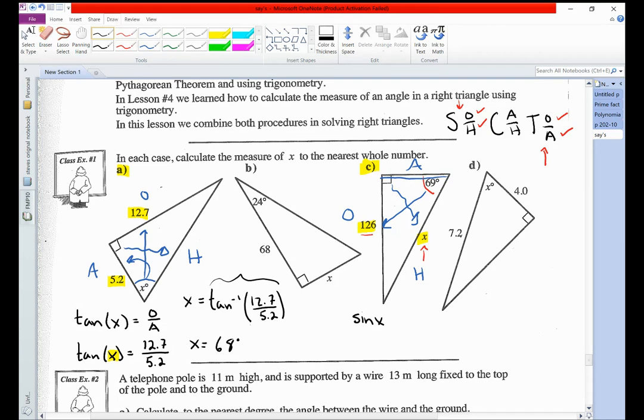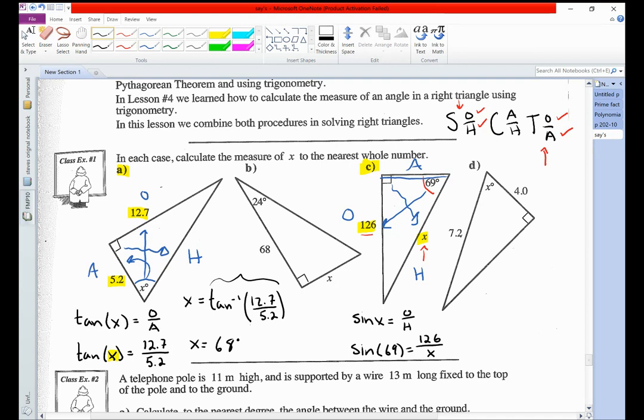Sine of x is equal to opposite over hypotenuse. Now we can plug in the numbers that we know. In this case, we know our angle is 69 degrees, so we write that in there. The sine of 69, and then the opposite is 126, and the hypotenuse is x.